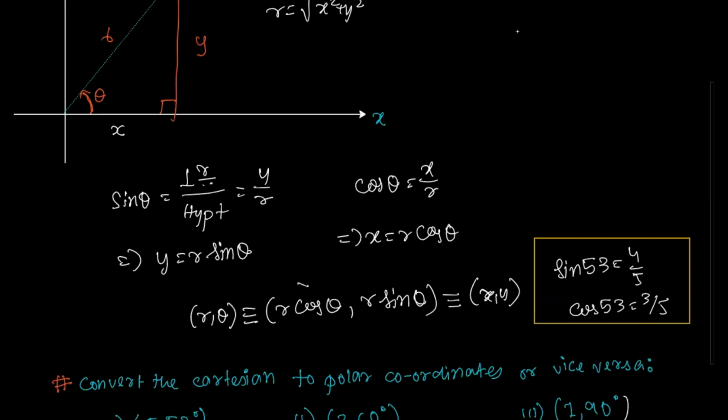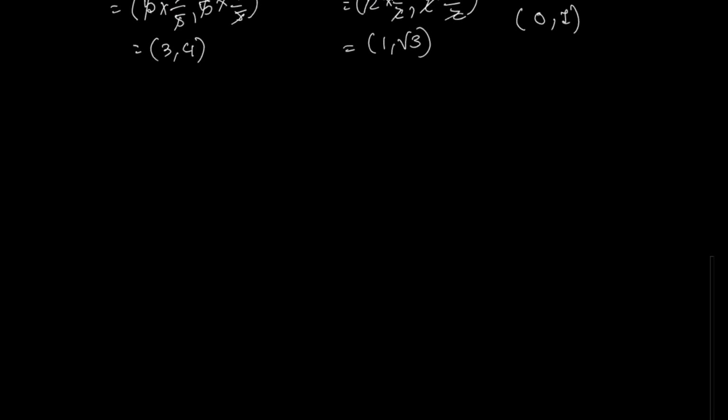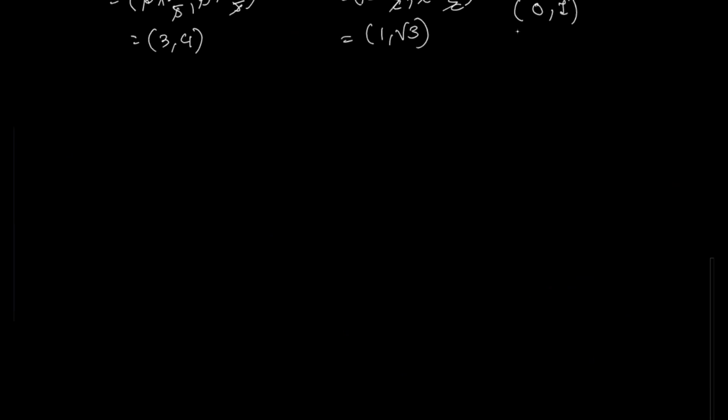We have more formulae. Last year we discussed the distance formula. What is the distance formula? Remember? Let me write it again. The distance formula: distance is root over of x2 minus x1 the whole square plus y2 minus y1 the whole square.